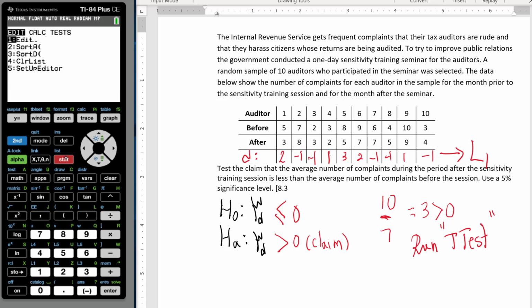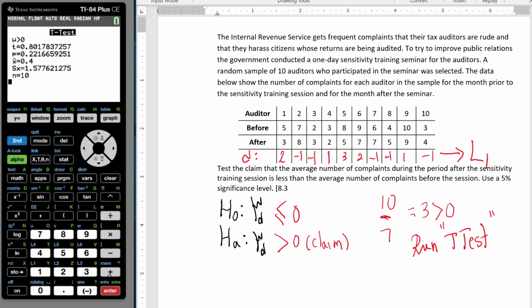So we go to Stat, Tests, T-Test, Enter. Okay, we have data, so we have to select data. I put it in L1. Okay, and mu0 should be 0 because you're testing against 0. L1, don't change the frequency, and the alternative is greater than 0. Press Enter, and let's hit Calculate.